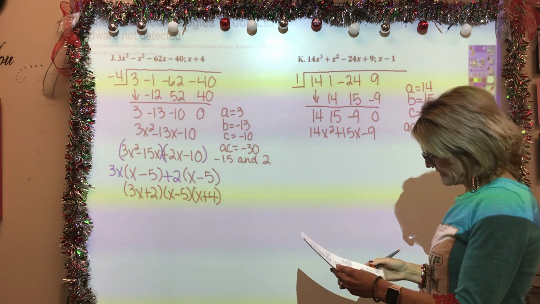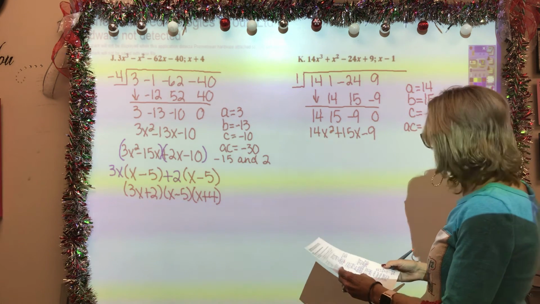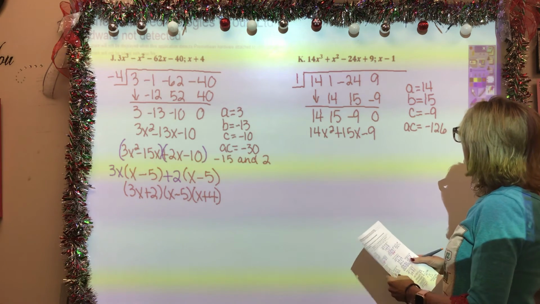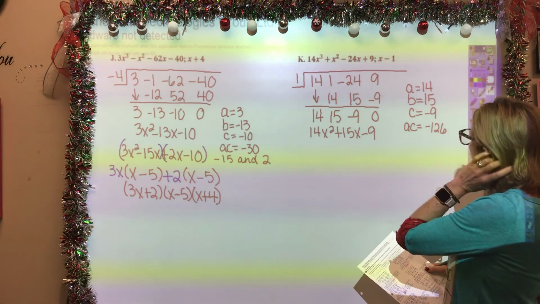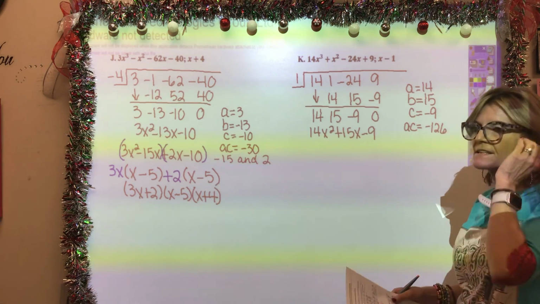Now, I broke these down into prime factors to find the two numbers that multiplied to negative 126 and added to 15. So I'll show you how I did it.